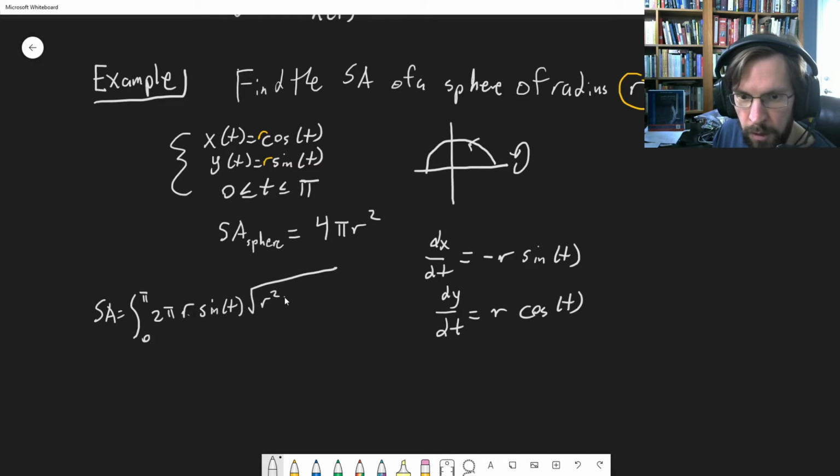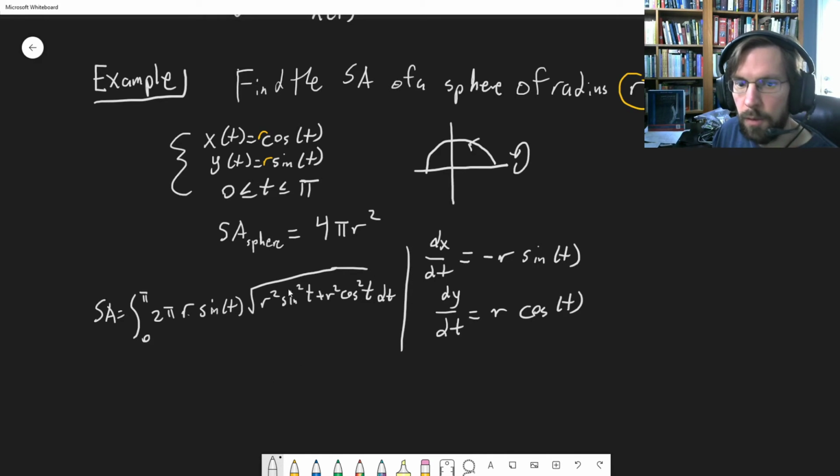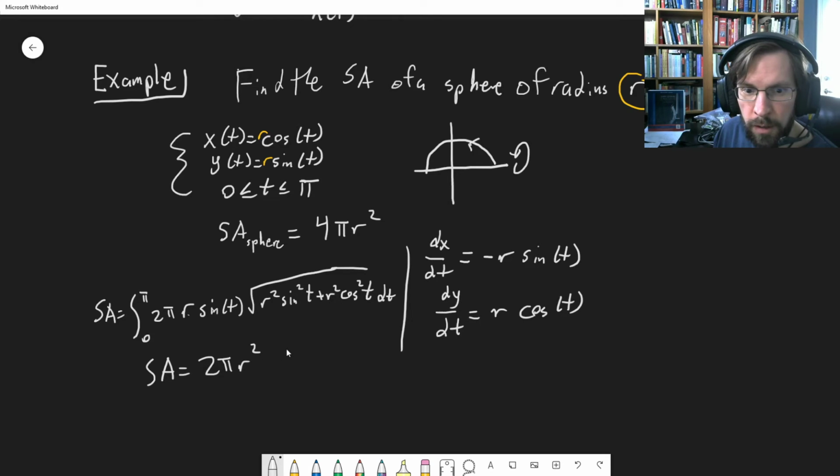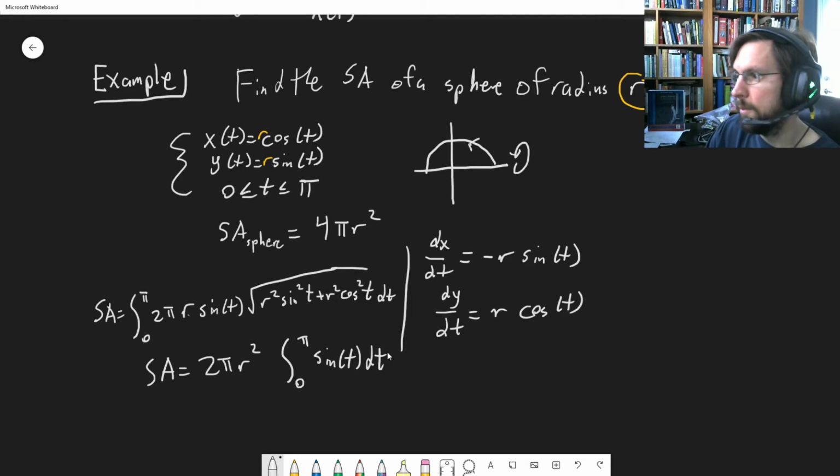So the square root of r squared sine squared t plus r squared cosine squared t, dt. We can factor out an r squared. We're left with sine squared t plus cosine squared t, which is 1. Square root of r squared is just r. So this becomes, we can pull out a 2 pi r squared times the integral from 0 to pi of sine t dt.